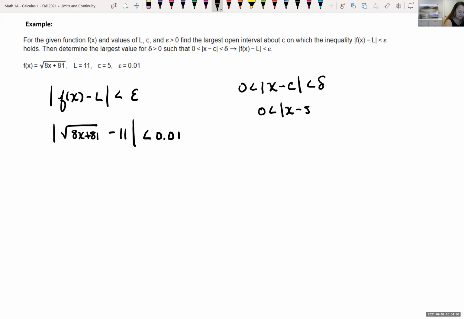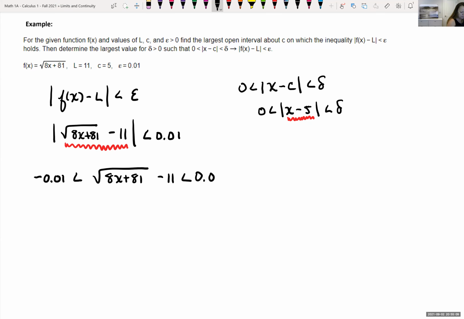So the absolute value of x minus 5 is less than delta. Our goal is to get what's inside this absolute value to be the same thing that's inside this absolute value. So let's start by dropping our absolute value. We can drop that by sandwiching it in between the negative of 0.01 and the positive 0.01.